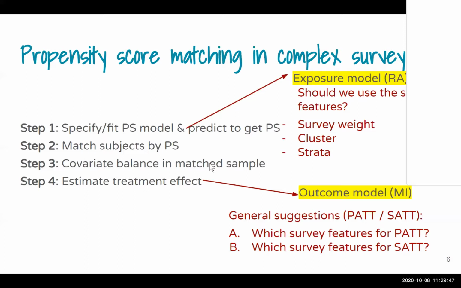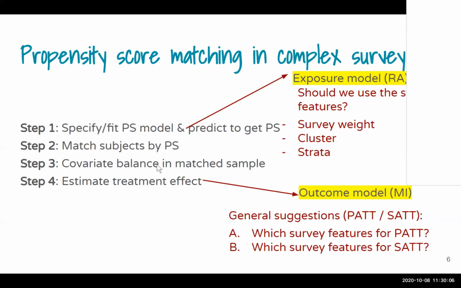How do we check our covariate balance? There are a couple of ways to check our covariate balance, and the most acceptable way is known as the standardized mean difference. And based on that standardized mean difference, we check the covariate balance.